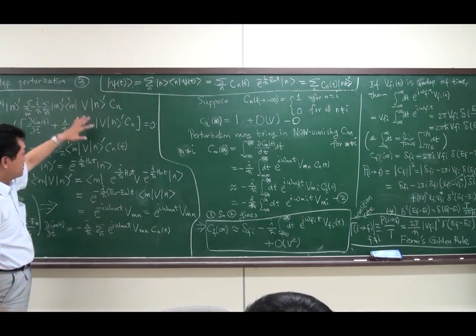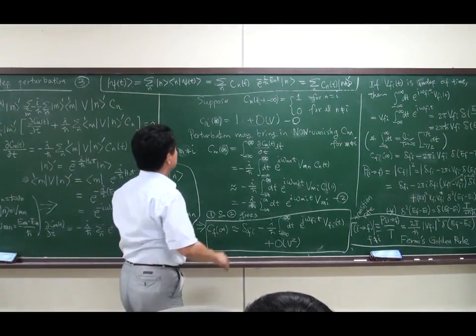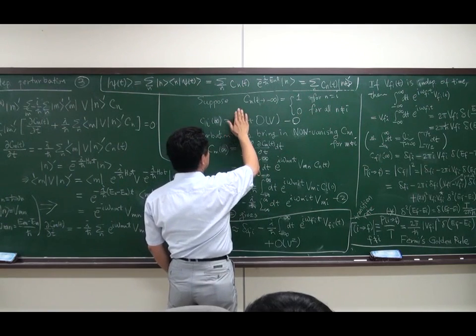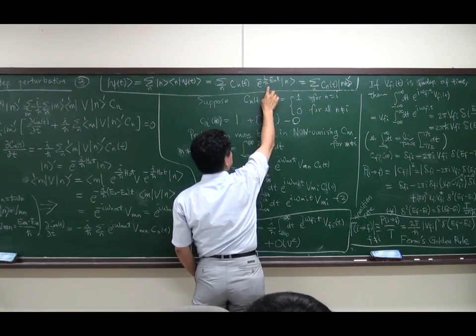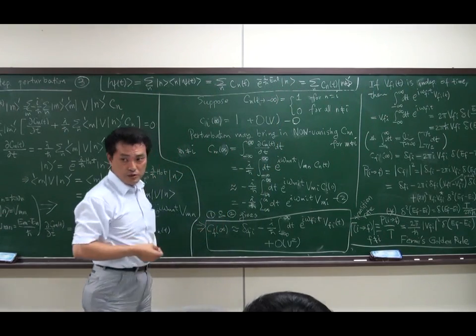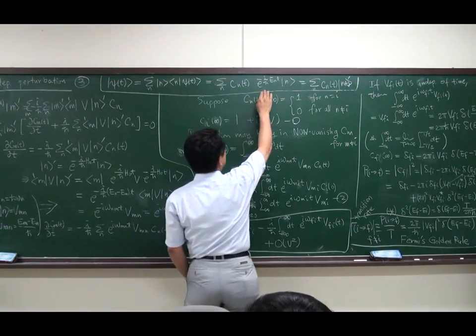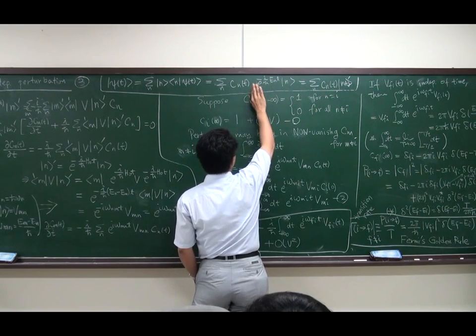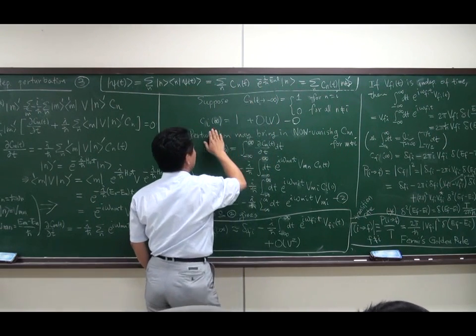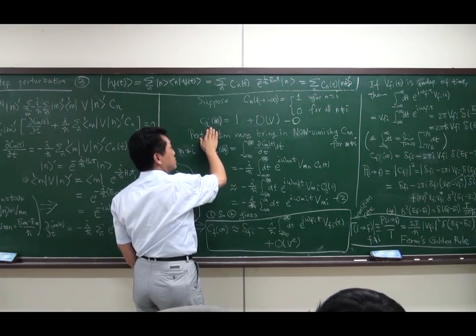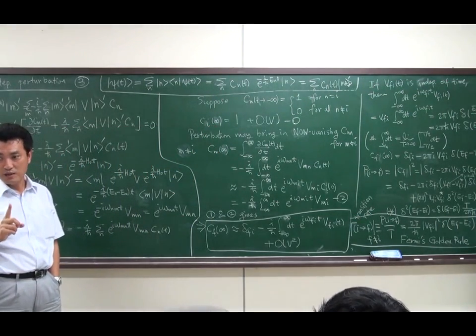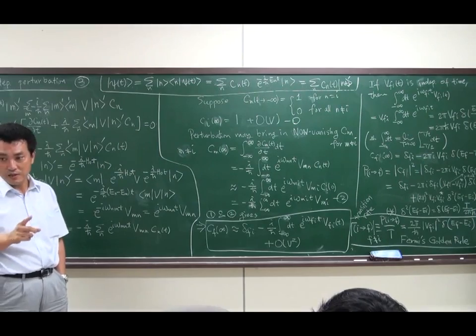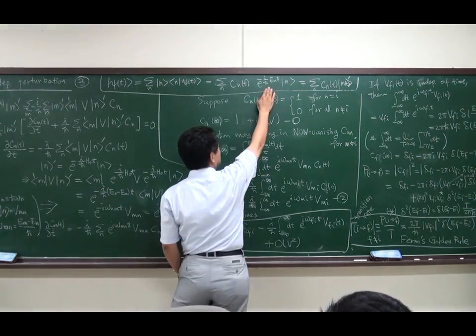Then there is no change in the state. Sure, there is some phase factor from the exponential factor for the H0 evolution, but that is already factored out. So actually, if there is no interaction at all, Ci at infinity is exactly 1. And there is no phase factor at all. That phase factor is already factored out in here.